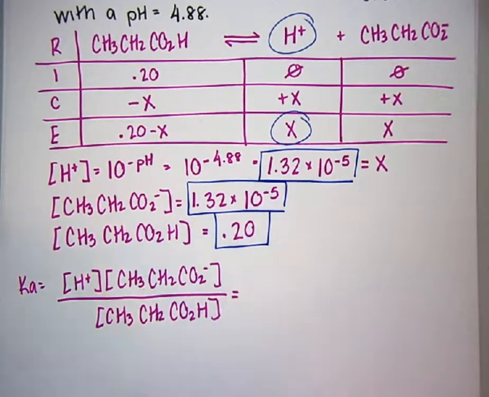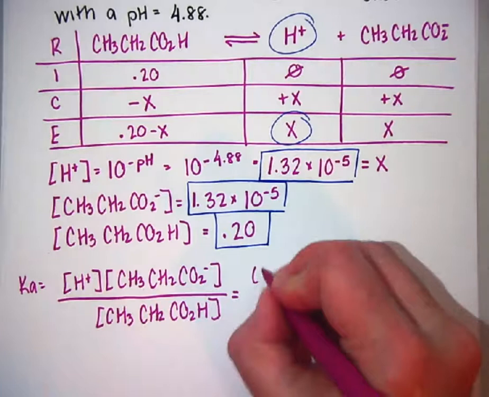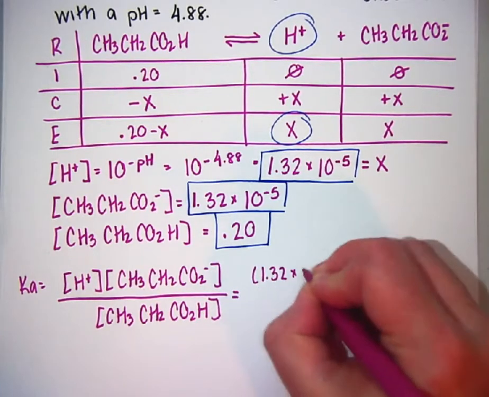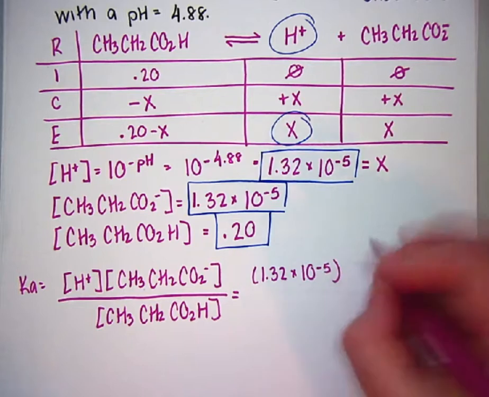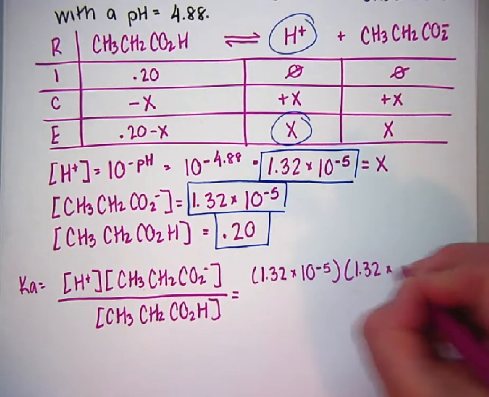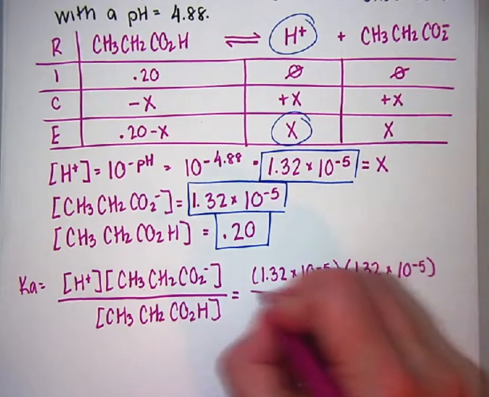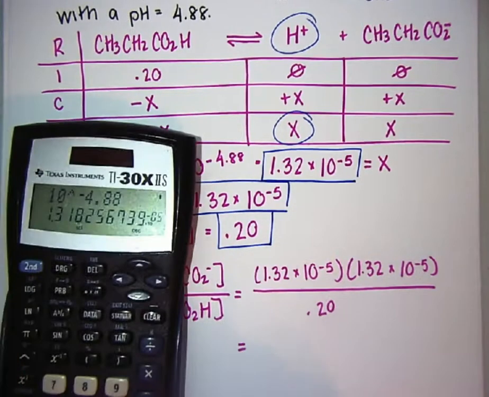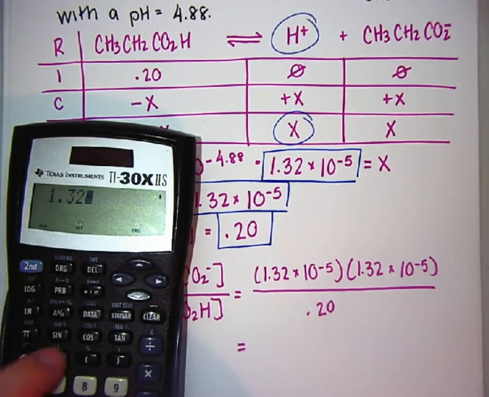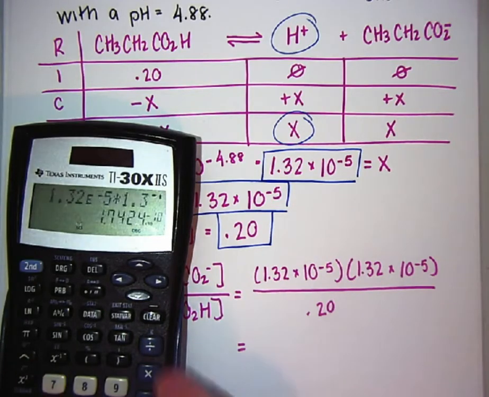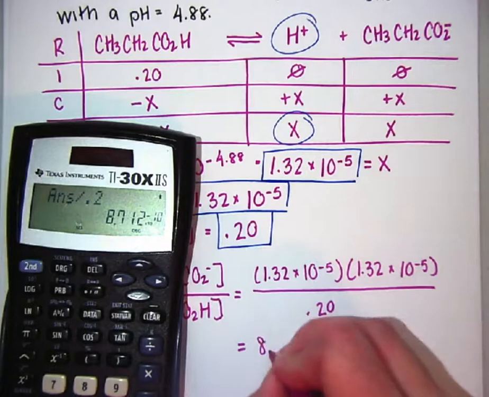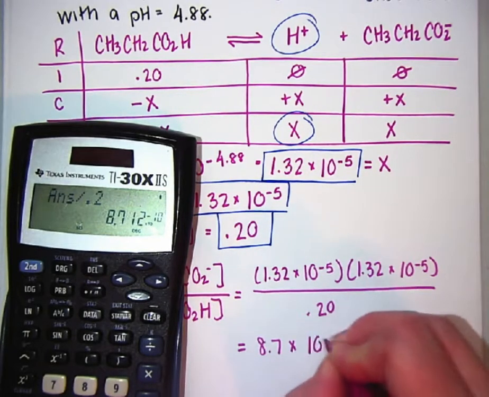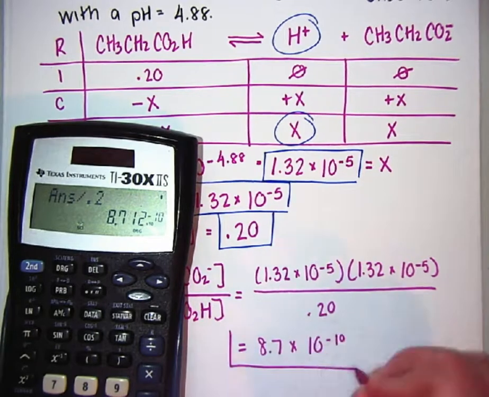I already circled all of my concentrations, so let's plug those in. That gives 8.7 times 10 to the negative 10th. Again, no units for Ka.